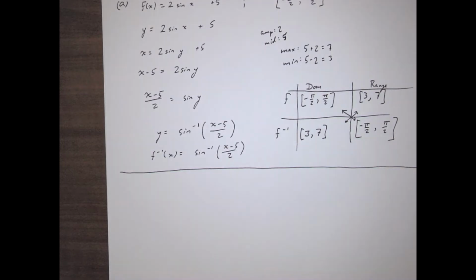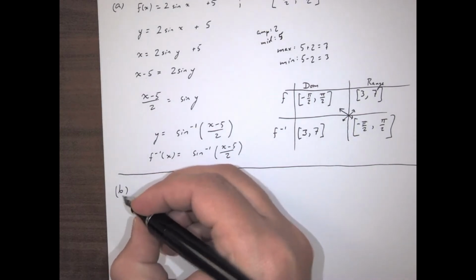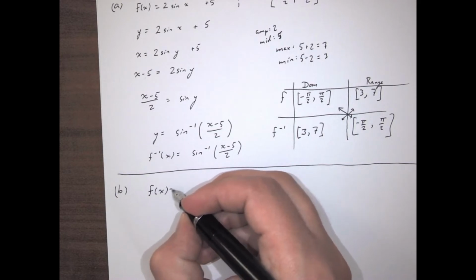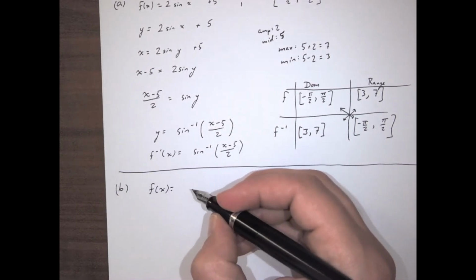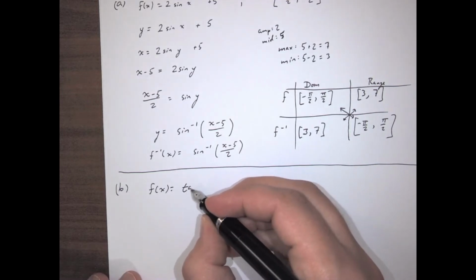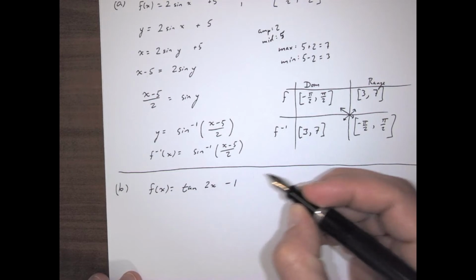Let's try one with a tangent here, just because that involves something a little bit different. So let's say f of x is equal to tangent 2x minus 1.